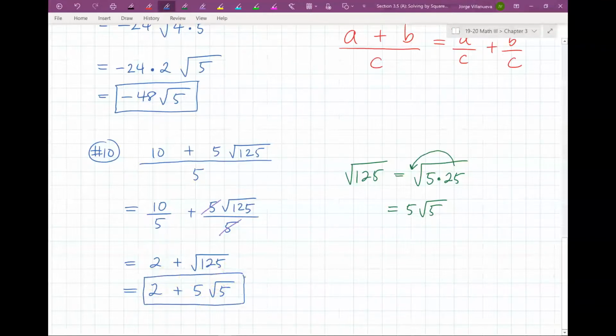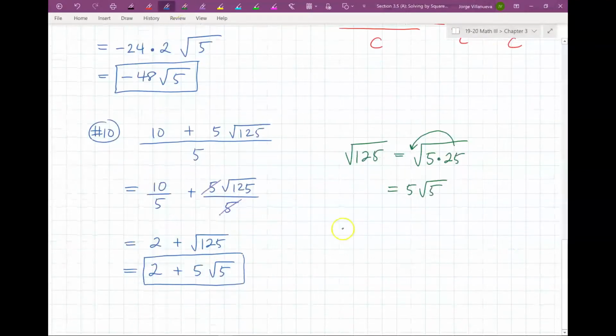I always get people who add 2 plus 5, they write 7 radical 5. Okay? But you can't combine them unless they have the same square root. So in other words, if you had like 3 radical 2 plus 5 radical 2, that is 8 radical 2. That is true.